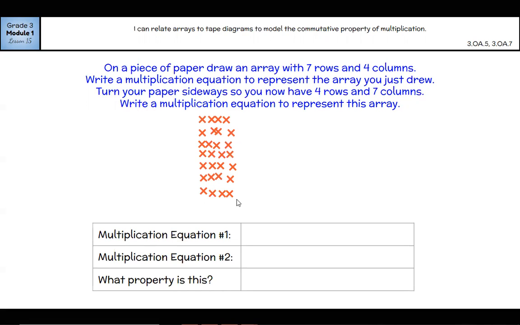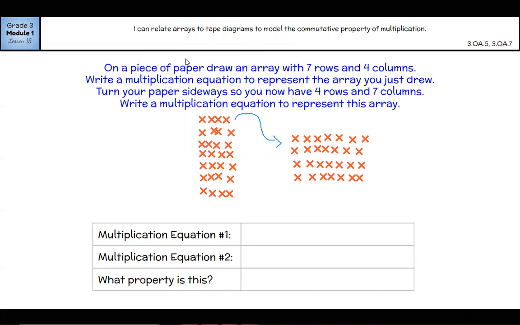If I were to turn my paper sideways, so if I were to flip it, it would look like 4 rows with 7 in each row, 1 through 7 in each row. If this were flipped, it would look like this.